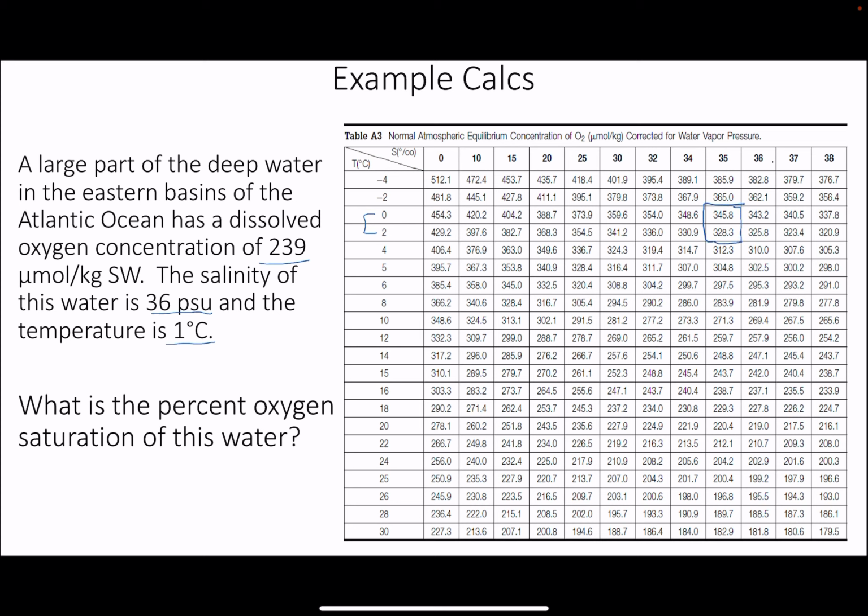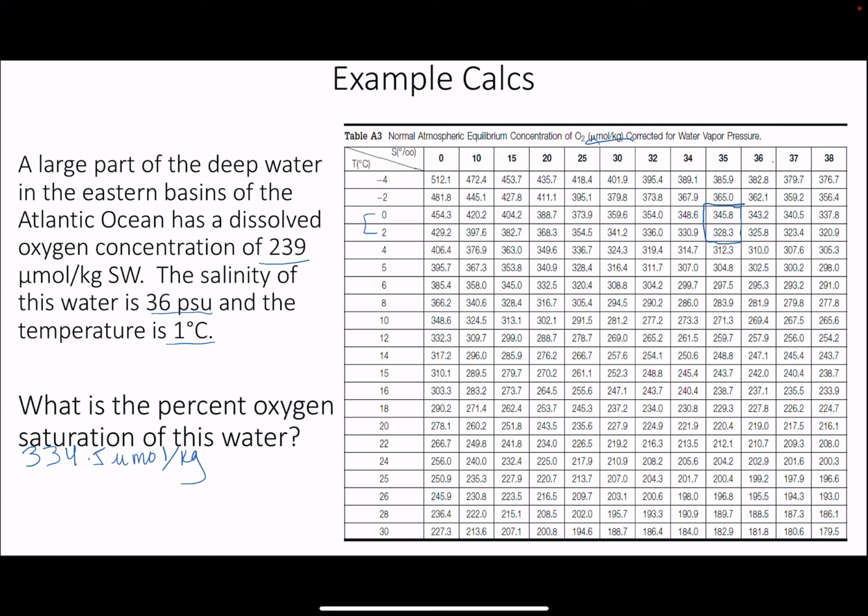You could essentially take the average of these two values because the average of 0 and 2 is 1. So you'd say 328.3 plus 345.8 divided by 2 to get the average value, which is roughly 334.5. And you can see the tables are also in micromole per kilogram.